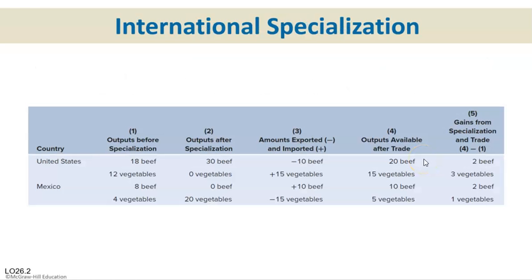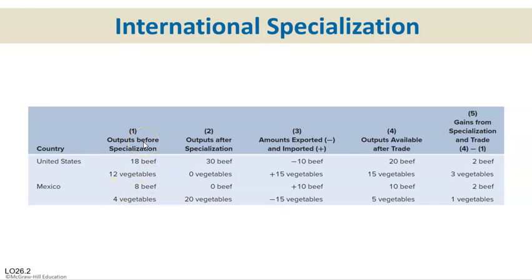This chart uses the numbers from the example, and it shows how both countries can be better off when they trade. The total output is the greatest when each completely specializes in the good that they have comparative advantage in, and then they trade. So this is what we're looking at here. We have the two countries. This is the outputs before specialization.